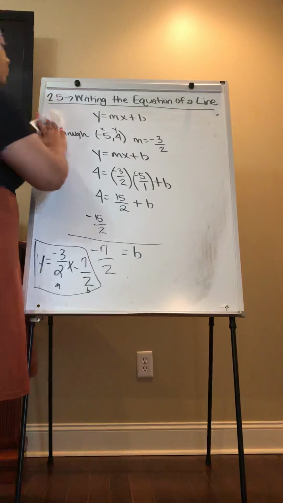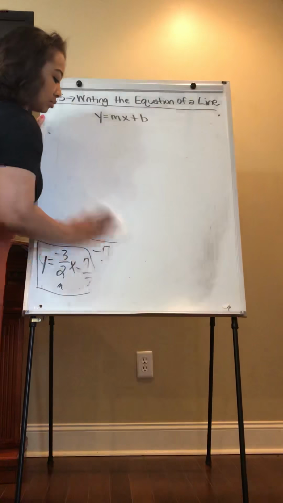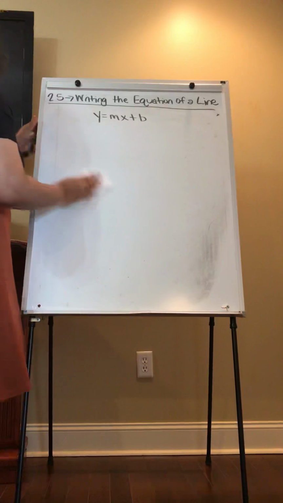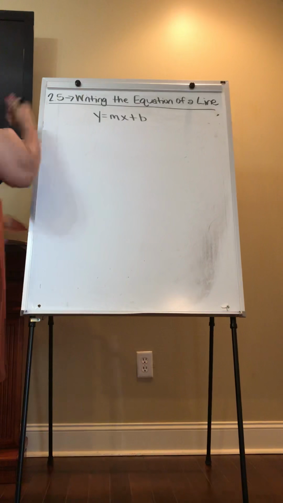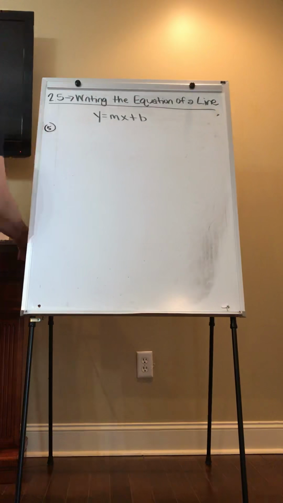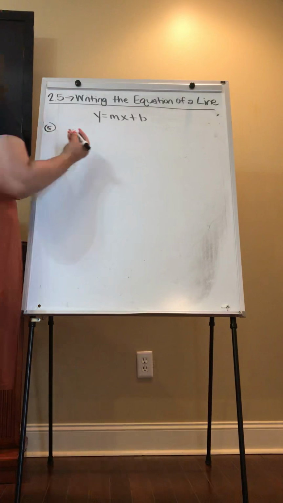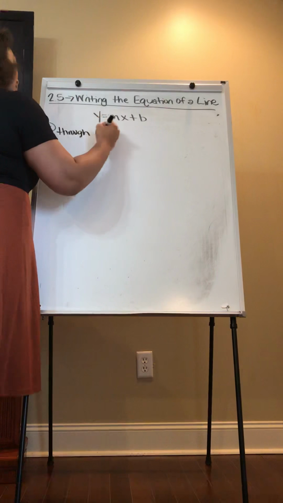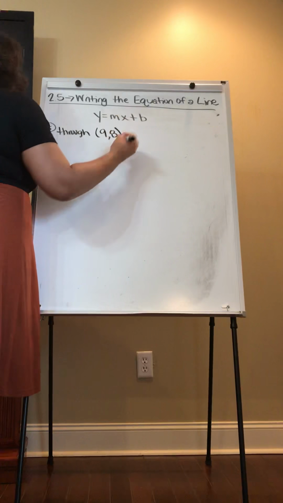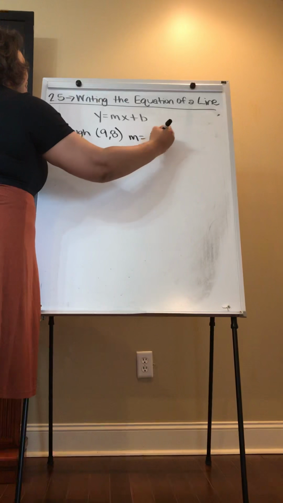Example 5. Write the equation of a line that's going to go through the point 9, 8 and has a slope of 2/5.